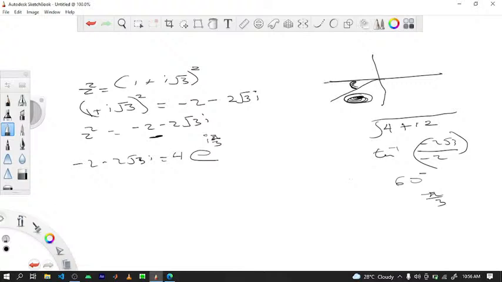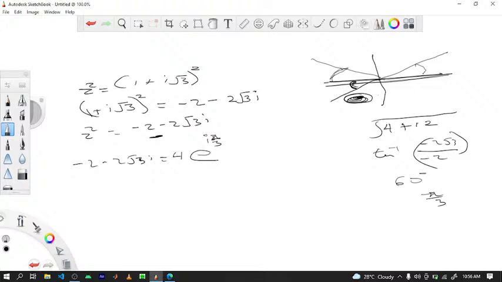So over here, this is our positive x-axis. If the complex number is in this quadrant, then this is the argument. If it is in this quadrant, you would first find this angle, and then subtract that from 180 degrees. So if it is in the second quadrant, you subtract from 180.